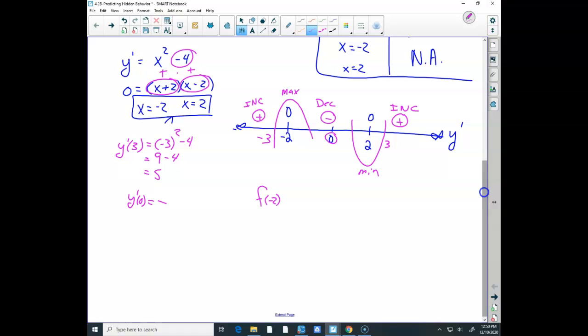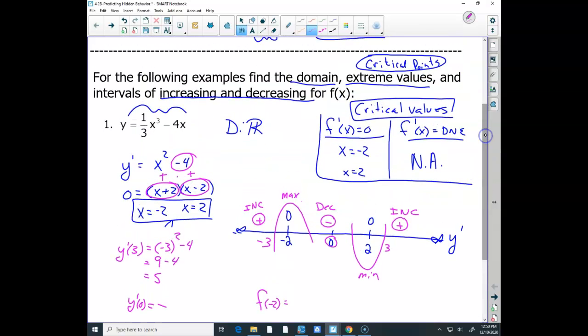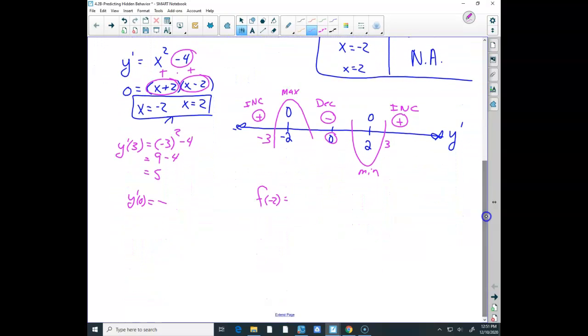Do I have to find it? I don't know. We're not going to find it, we're just going to say it's a maximum. I'm going to say max at x equals -2.